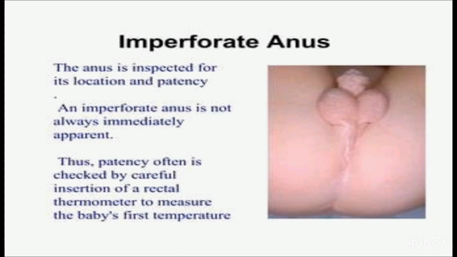This is the picture of withdrawal bleeding and ambiguous genitalia. In anal examination, the anus is inspected for its location and patency. An imperforate anus is not always immediately apparent. Thus, patency is often checked by careful insertion of a rectal thermometer to measure the baby's first temperature.